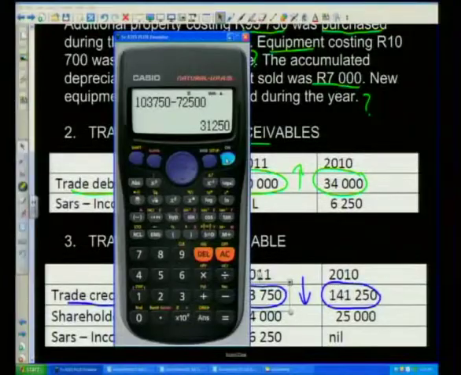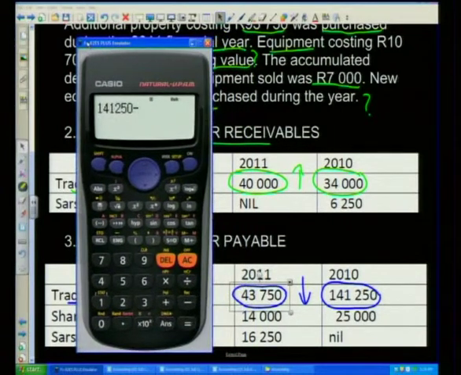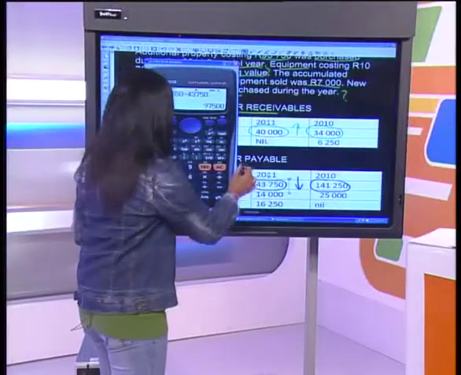Again, get our calculators out. So we're taking 141,250, and then we are subtracting 43,750 to get an amount of 97,500, representing again, guys, an outflow of cash.